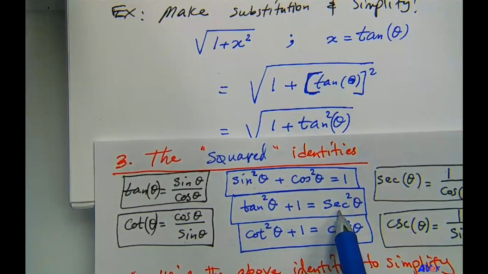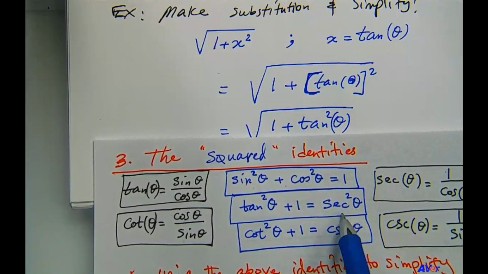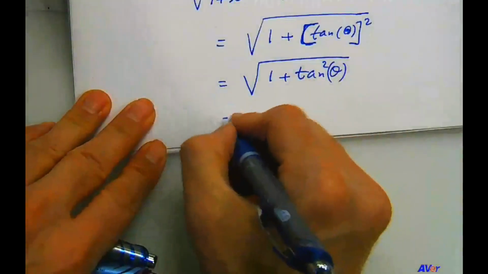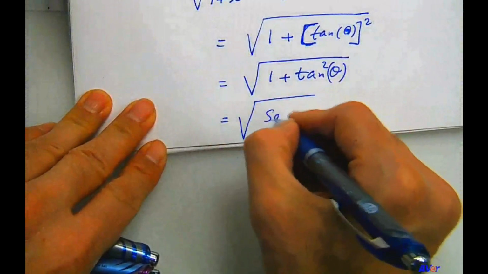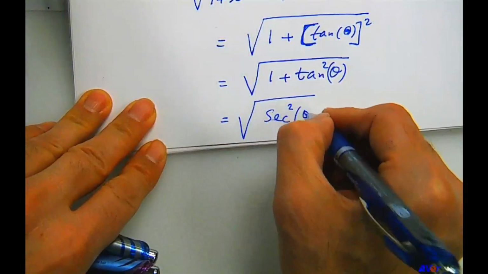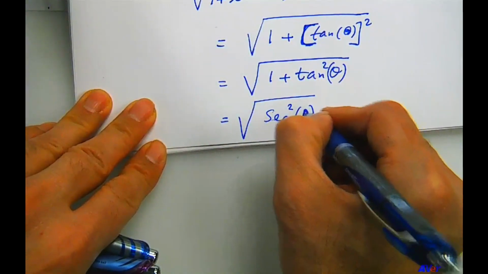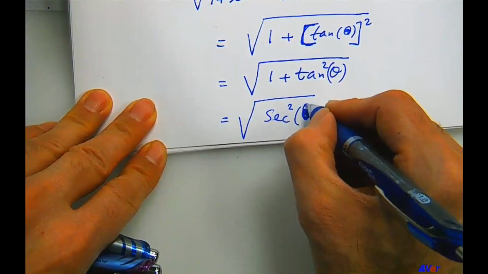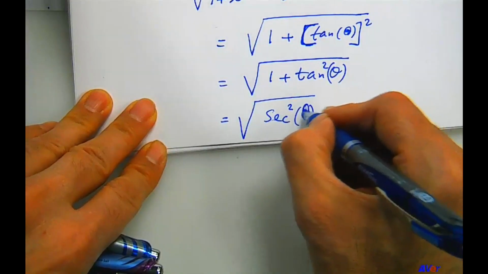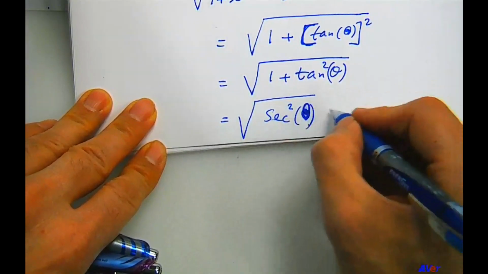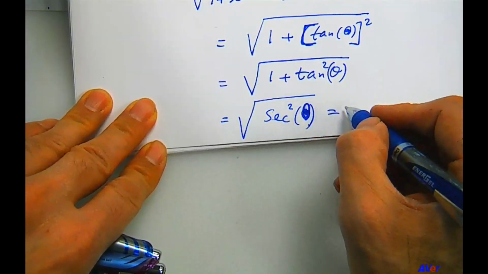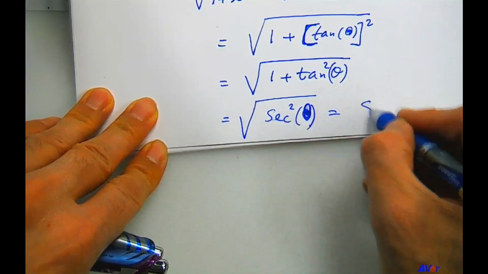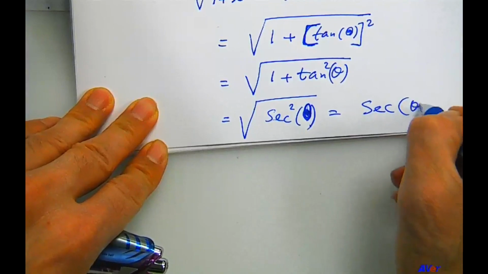What is it equal to? Secant squared theta. So let's substitute secant squared theta, like that. That's theta, like that. And then what is that equal to? Take the square root of secant squared theta. It's just secant of theta.